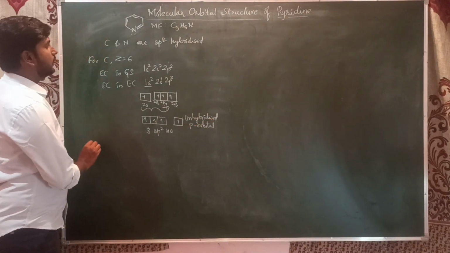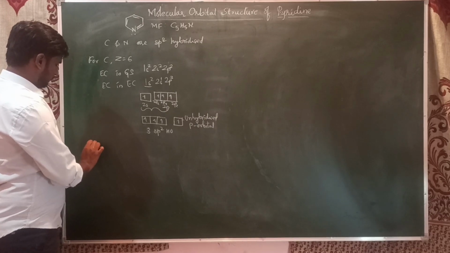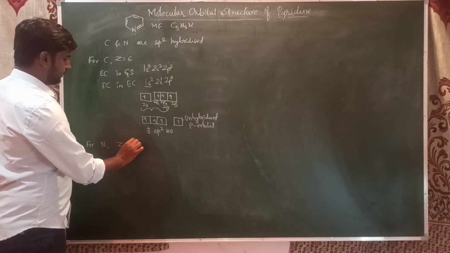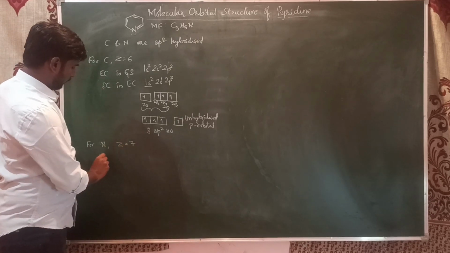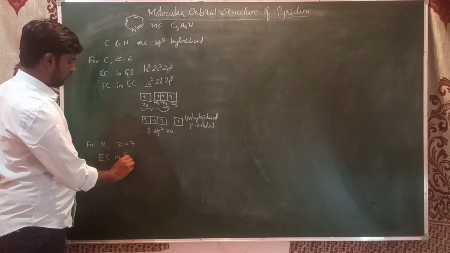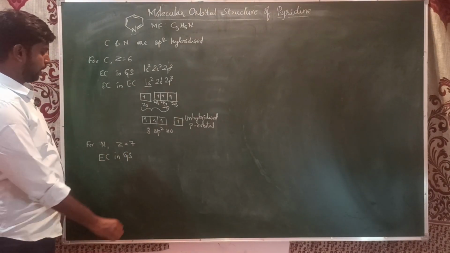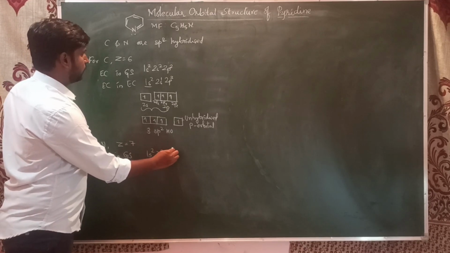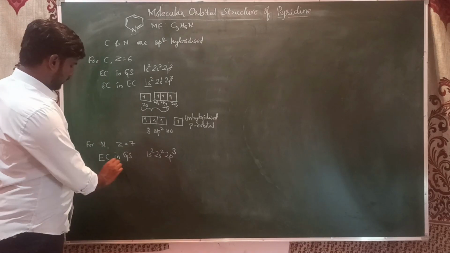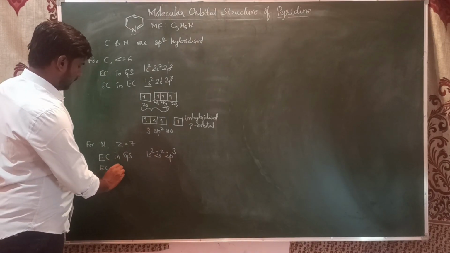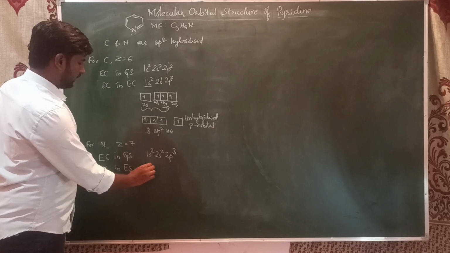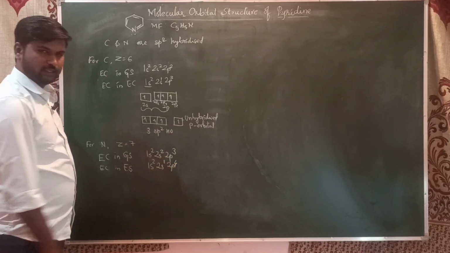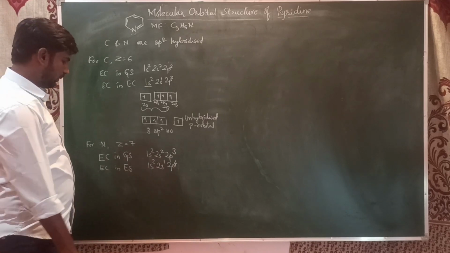For the nitrogen atom, the atomic number is 7. The electronic configuration in ground state is 1s2, 2s2, 2p3. In the excited state it is 1s2, 2s1, 2p4, as one of the 2s electrons shifts to the 2p orbital.